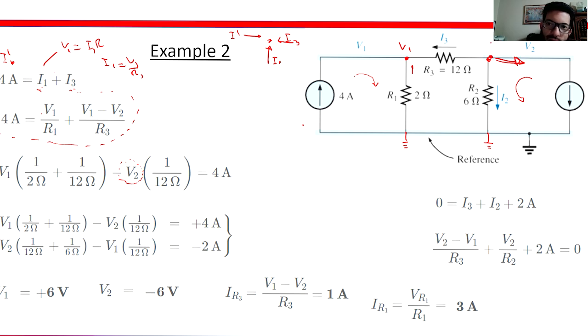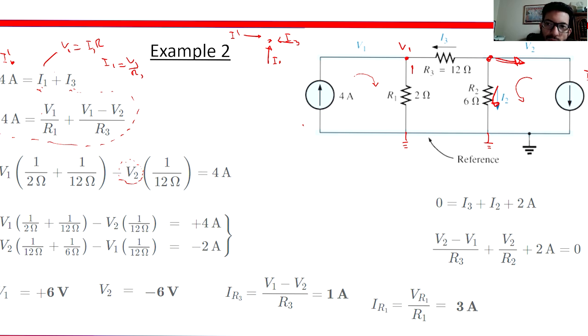And remember, coming out of the source is a positive current, and they're giving us this direction already, maybe they measured it or they know. They give you that this current is going out of the node. So it's I3 plus I2 plus the source I prime prime.